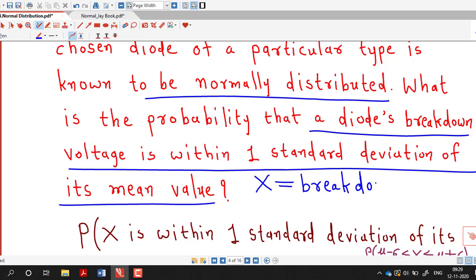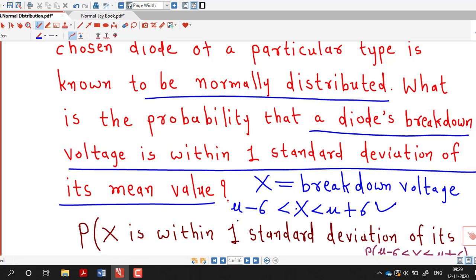Here the random variable is the breakdown voltage, and we are asked to find the probability that capital X is within one standard deviation of its mean value. That means capital X is smaller than mu plus sigma and capital X is bigger than mu minus sigma.